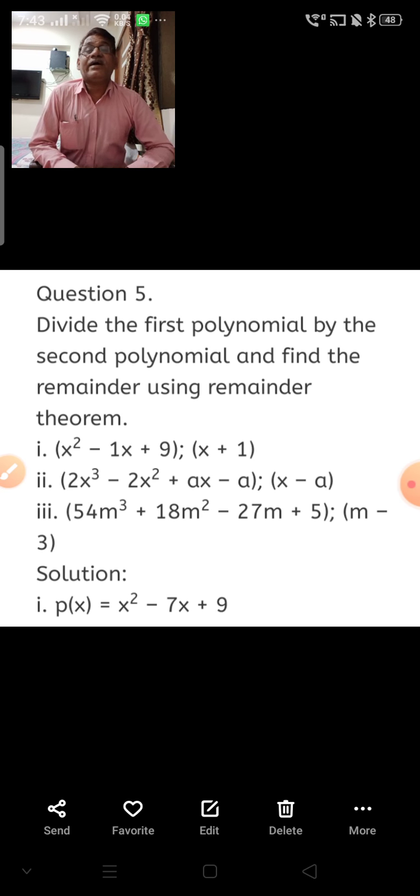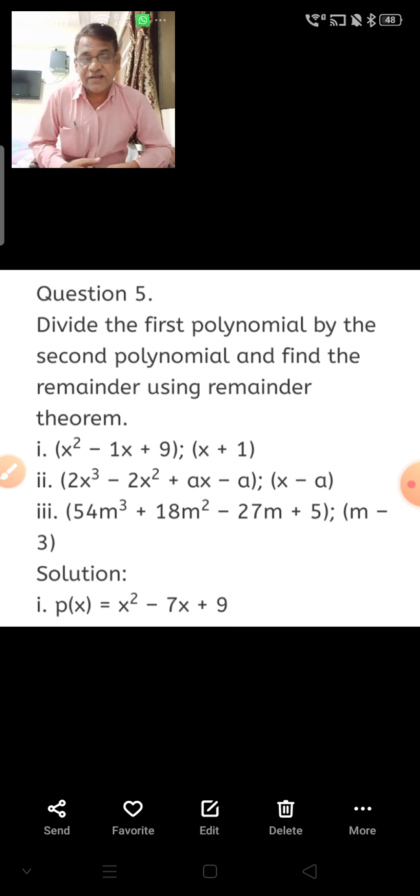Question number 5 is: divide the first polynomial by the second polynomial and find the remainder using the remainder theorem. We already discussed the remainder theorem. It means if any polynomial is divided by another polynomial, you can find the remainder using the remainder theorem.